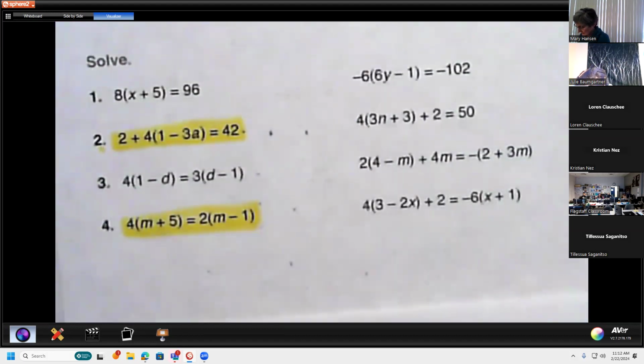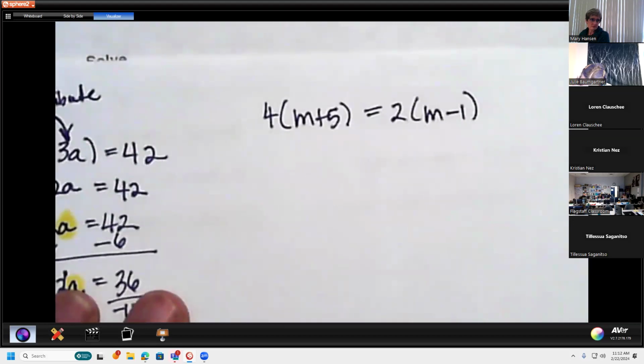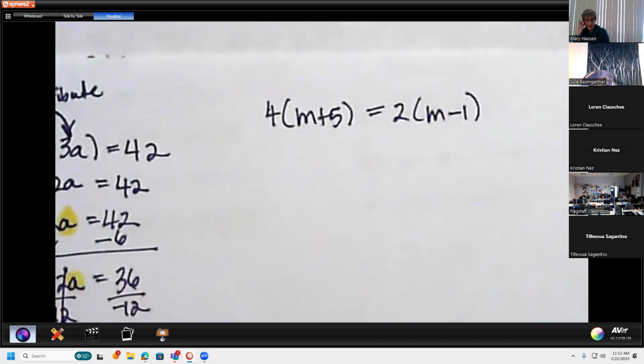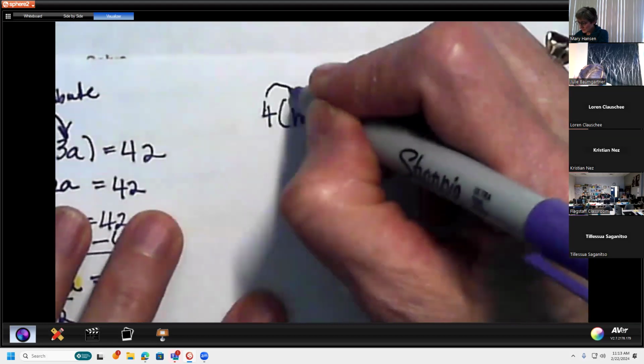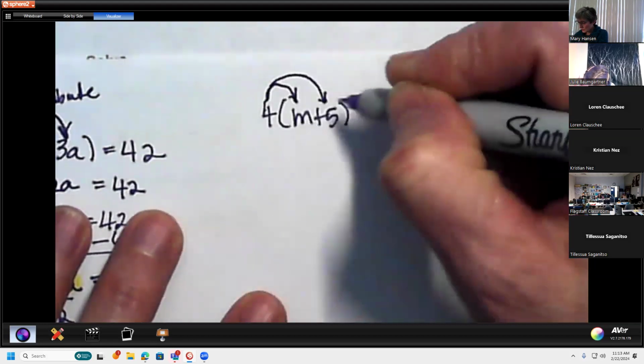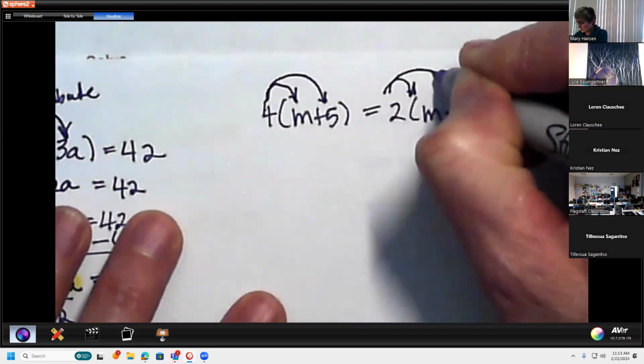All right, let's look at the second one we had. We had 4 times m plus 5 equals 2 times m minus 1. Anytime we see parentheses, we should look and see if there's a number in front of it. And so in this problem, we're going to do that on both sides of the equation.